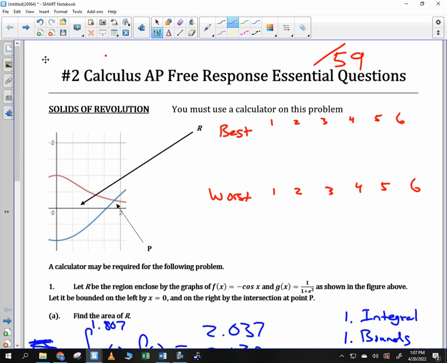Go ahead and put your score at the top. Remember that an A in class would be like, say, 54 out of 59. So if you got a 54 out of 59, that's better than an A, okay? I don't expect that people are going to have that type of score.